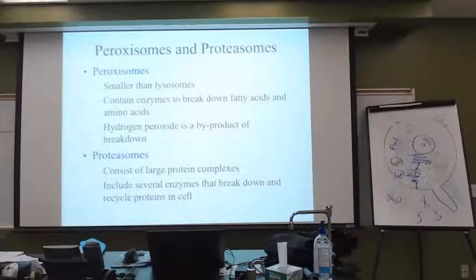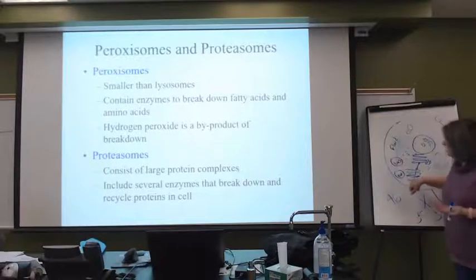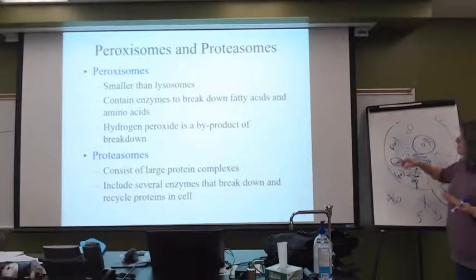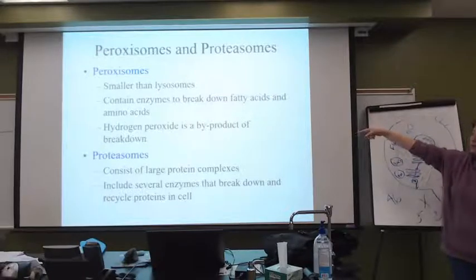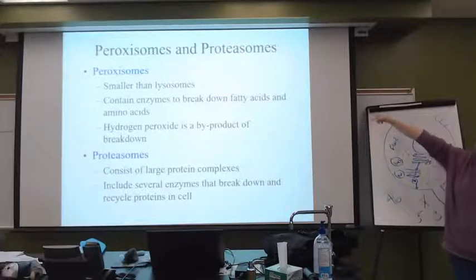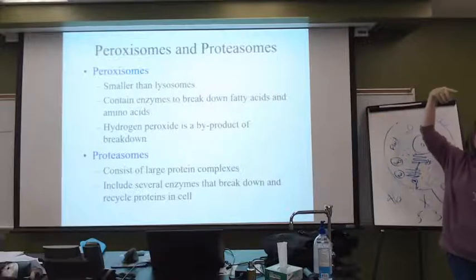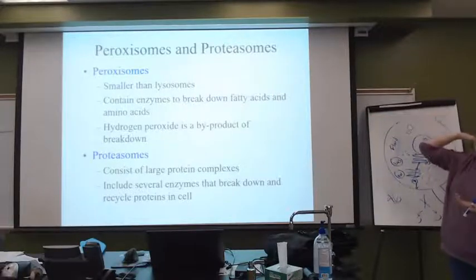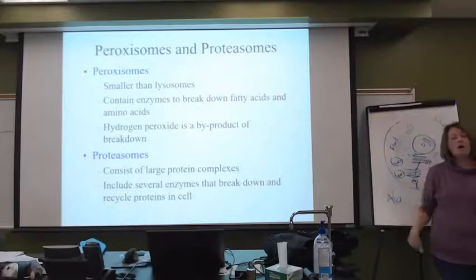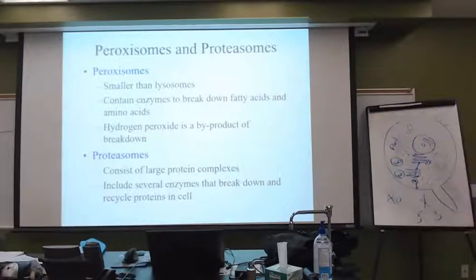In the body, we can have these peroxisomes that when they encounter fatty acids and amino acids, they help to break them down. But the problem is, in the body, it gives off hydrogen peroxide.